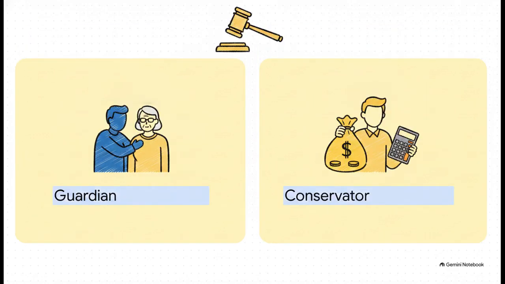Now, if there's no POA in place and a person is deemed legally incapacitated, the court has to step in. You need to contrast these two court-appointed roles clearly for your quiz. A guardian is a person appointed to be responsible for the individual themselves, providing care, having custody. A conservator, on the other hand, is strictly appointed to control the finances of the person. So just remember, guardian equals person, conservator equals money.